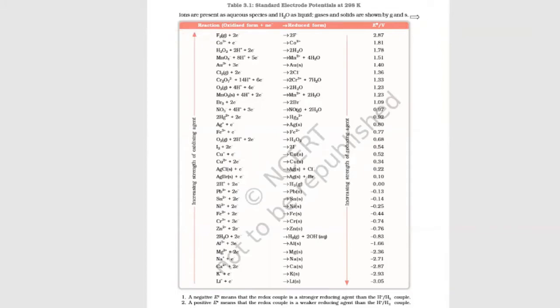On top you have fluorine. Here you have fluorine, here in the middle you have hydrogen, and at the bottom you have lithium, isn't it? So from fluorine to hydrogen, all are positive. You can see here all of them, they are positive.